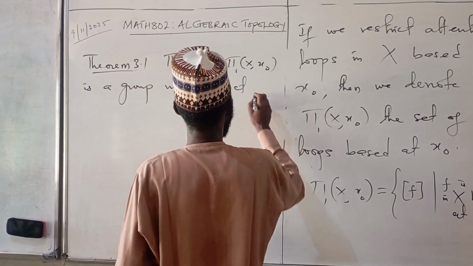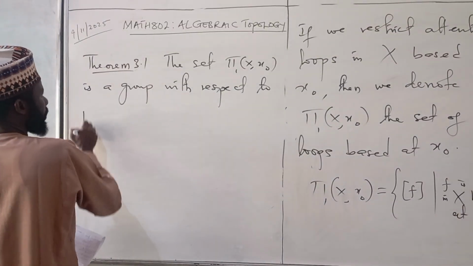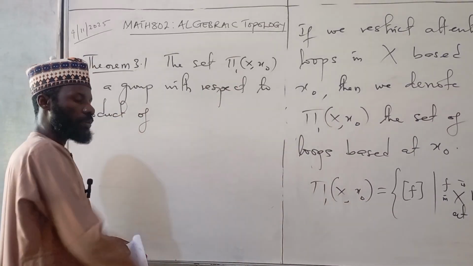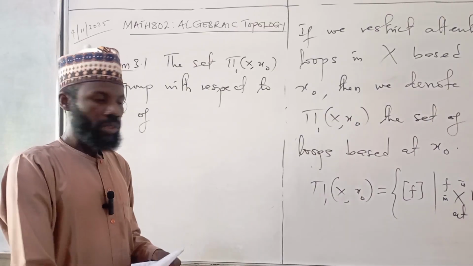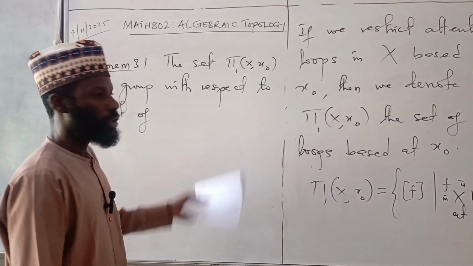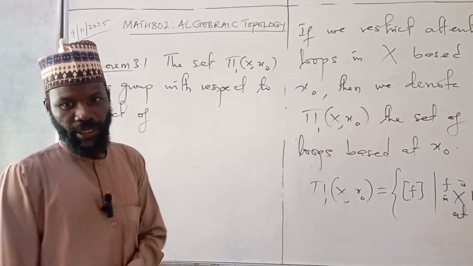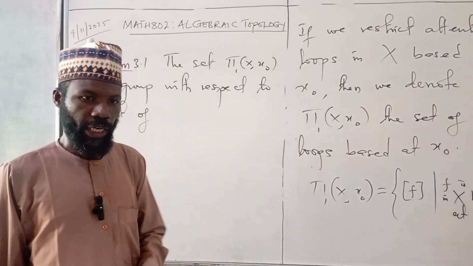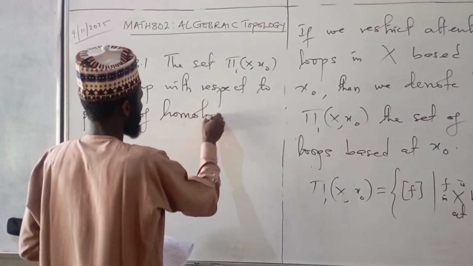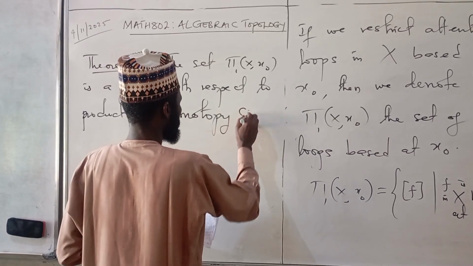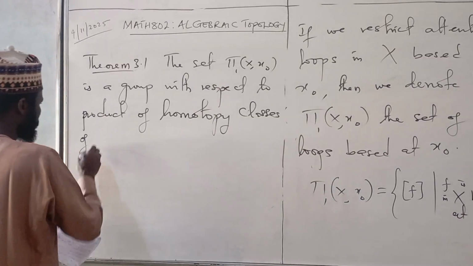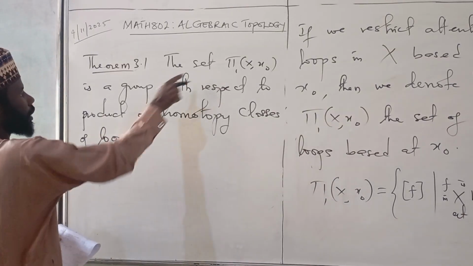With respect to product of, so you cannot say product of paths or loops. Loops you can always multiply. But you can't say product of paths because elements are not paths there. So it has to be product of homotopy classes of loops. Okay? Product of loops in here.